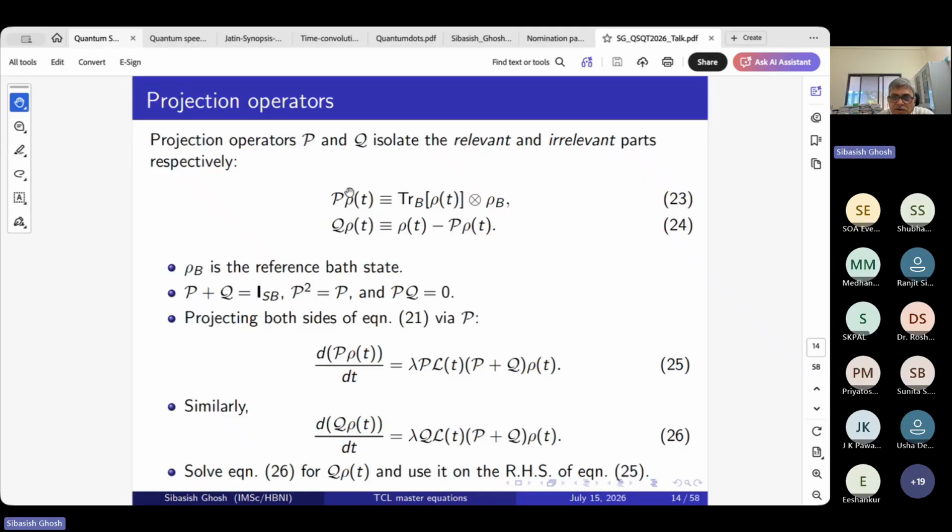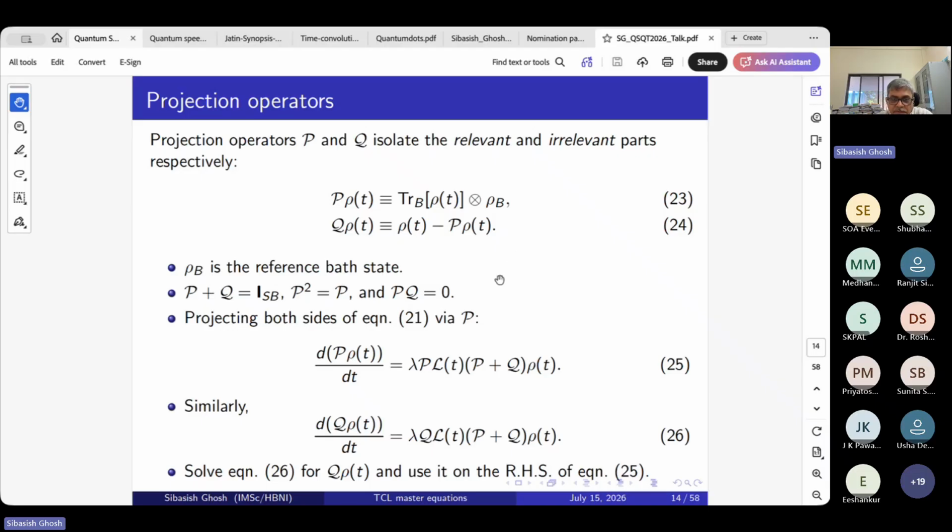P and Q project out the relevant part and the irrelevant part. P and Q are orthogonal projections, where Q of rho t is this. So P plus Q is equal to identity on system plus bath. P square is equal to P, PQ is 0 because they are orthogonal, and similarly Q square is equal to Q.